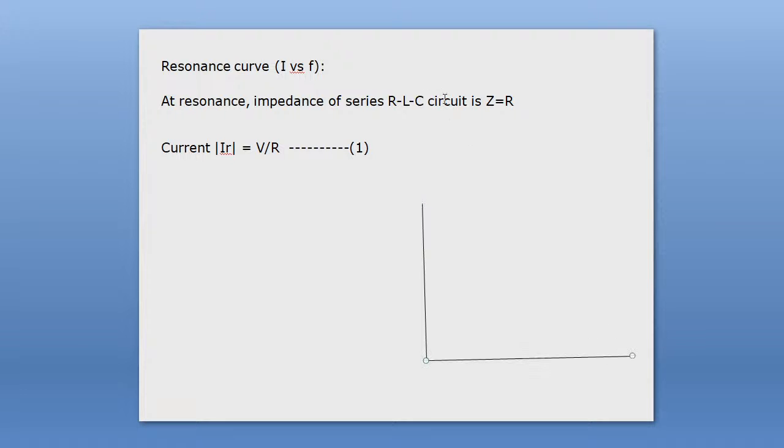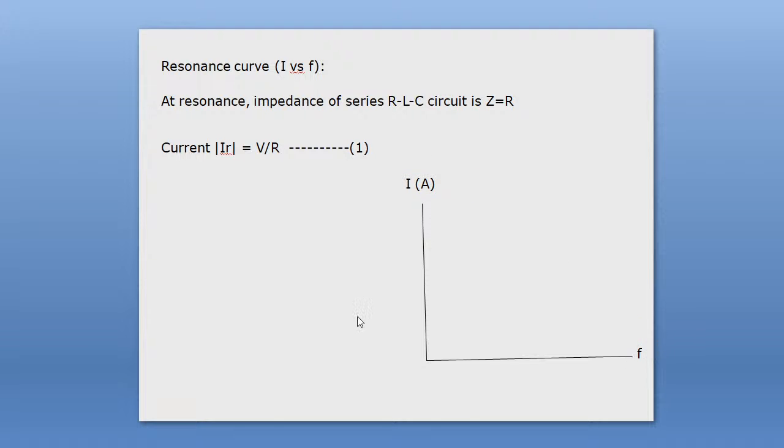A resonance curve is a graph corresponding to the variation of current through the series RLC circuit with frequency. I is in ampere and f is in hertz.